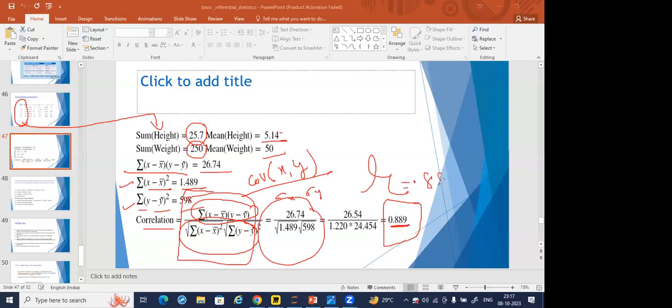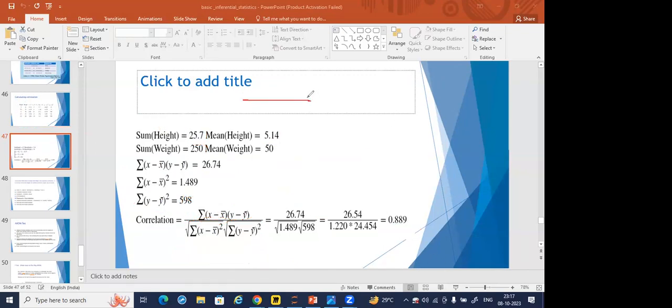0.889 is the correlation coefficient R. What does it actually mean? If R is 0.889, it means it lies towards this side, which shows a very strong positive relationship between height and weight.